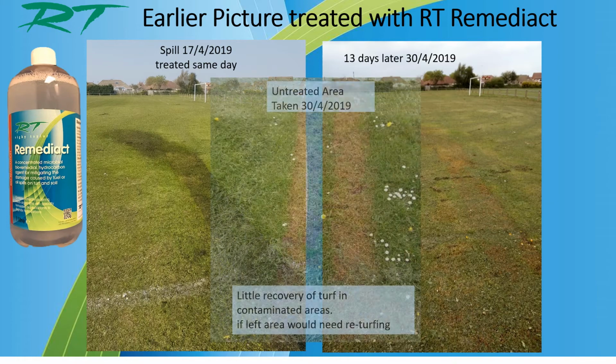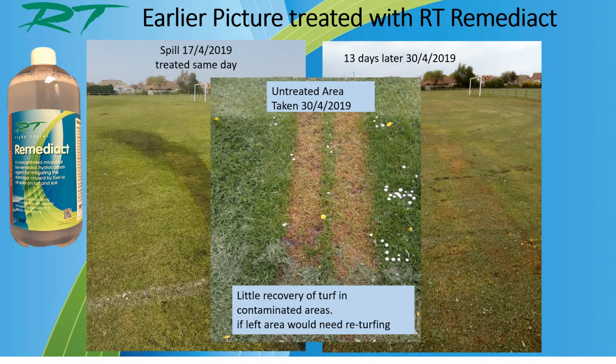How do we know that? Well, if you look at an area that wasn't treated, and this picture was taken on the 30th of the 4th, the same day as the one on the right hand side, you can see that the oil has severely damaged the turf, and in this case the area would have had to have been returfed, which would have been a very expensive exercise, very time consuming, etc.